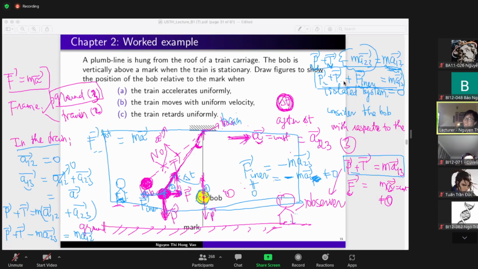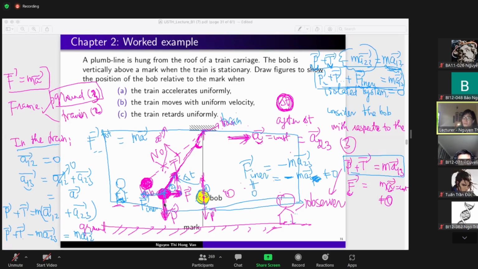If you don't add this force, it's not correct. If you don't add the force, P and T equal to zero is wrong. But if you add it, okay, good. Still, the first law of Newton is correct, because all the forces are balanced, and this guy is at rest with respect to the blue guy.